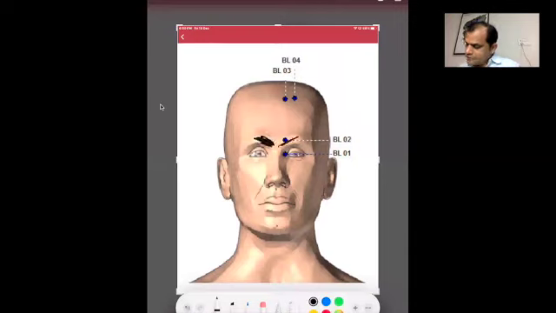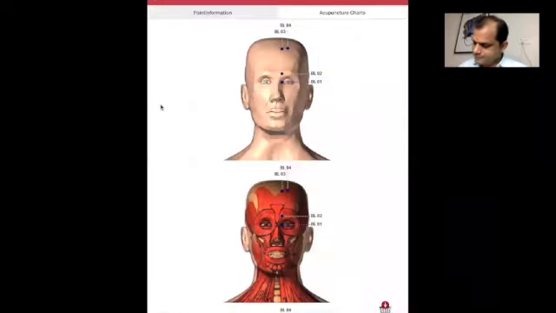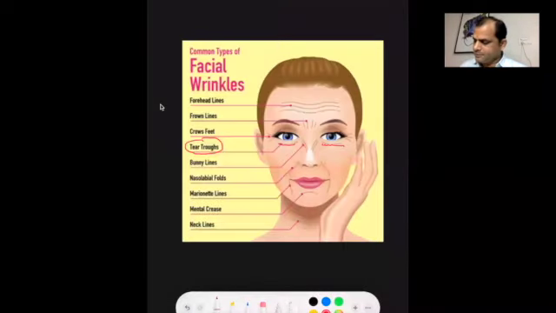And we can see here bladder 1, bladder 2, and the bladder meridian is passing like that. So when we treat this muscle, we are also balancing the bladder of the person.